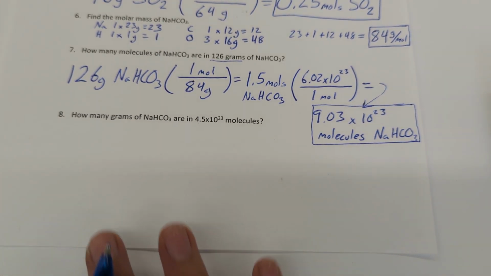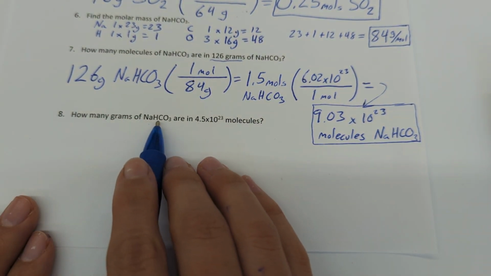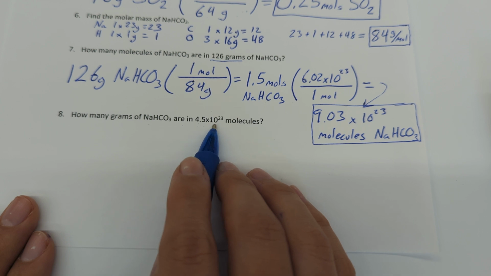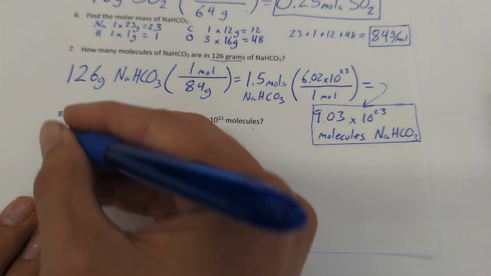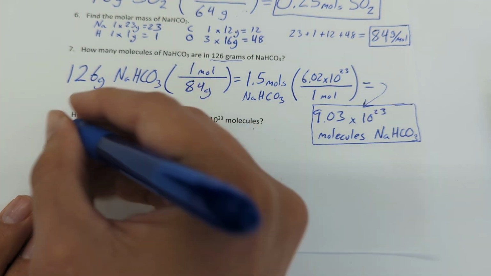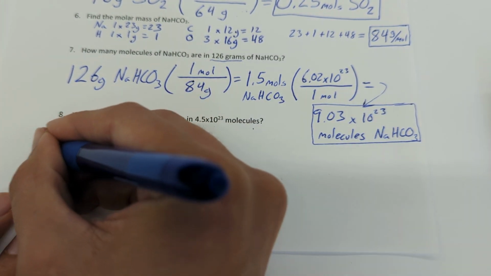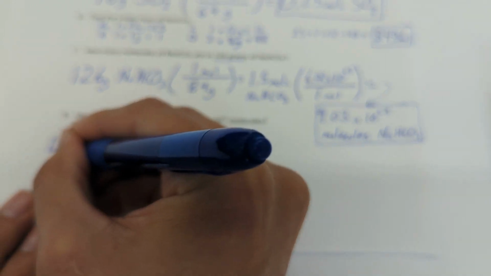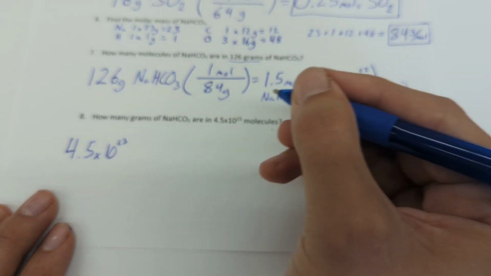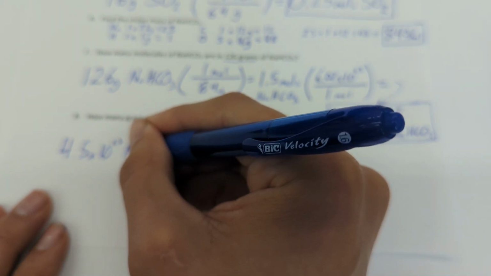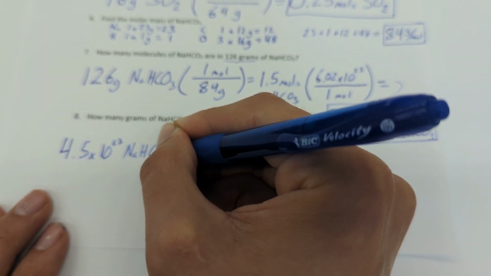This next question, how many grams of NaHCO3 are in 4.5 times 10 to the 23 molecules? So here we are starting, we'll write the number down and then we'll take a look at the map. 4.5 times 10 to the 23 molecules of NaHCO3.